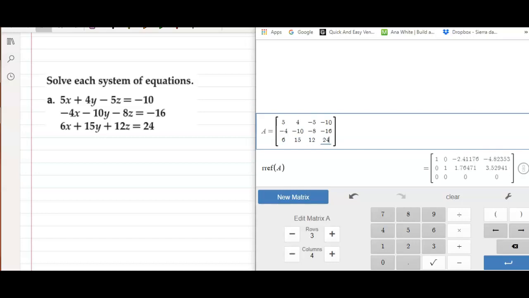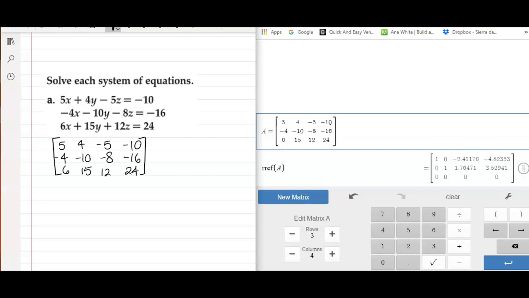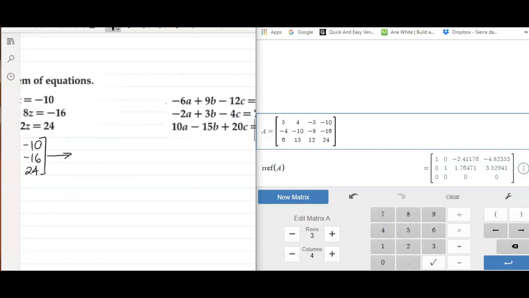If I copy that matrix down that I just typed in, 5, 4, negative 5, negative 10, negative 4, negative 10, negative 8, negative 16, 6, 15, 12, 24. When we reduce this matrix, we get a new matrix.